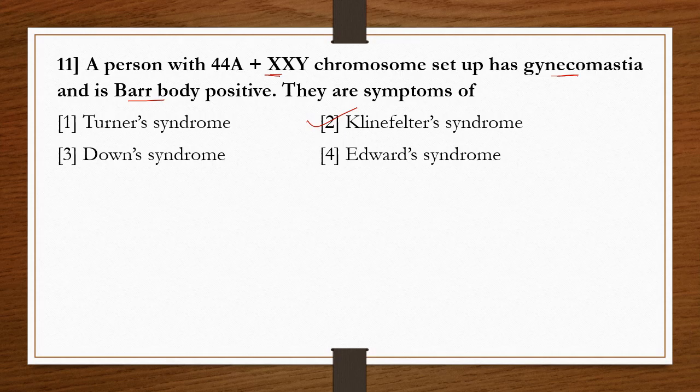Let's see some other information. Turner syndrome is represented with 44 autosomes and X0. It is an allosomal monosomy.